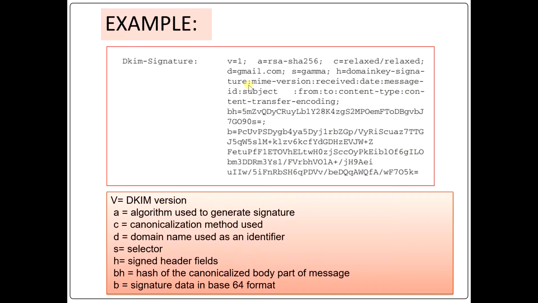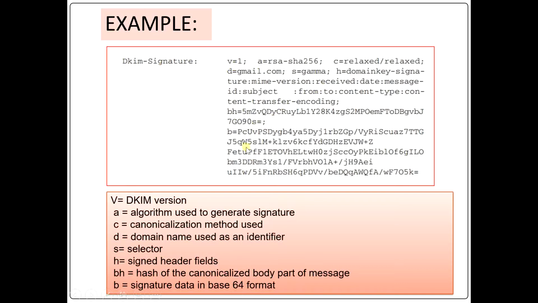Here in this example, we have the domain key signature field that is being used. You can see here it's MIME-Version, Received, Date, Message-ID, Subject. Then you have From, To, Content-Type, Content-Transfer-Encoding. So basically this means that this is a domain key signature field.